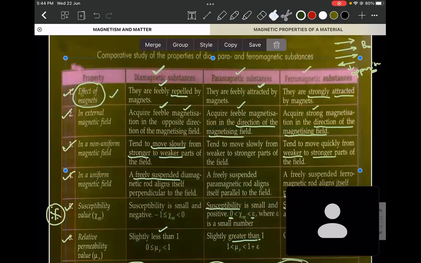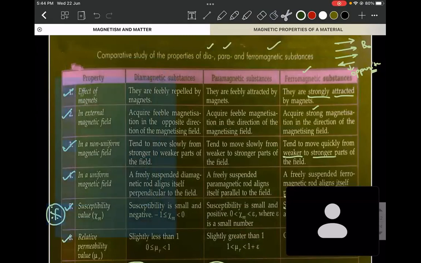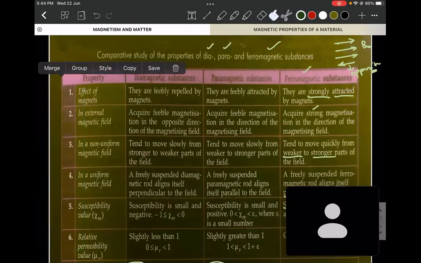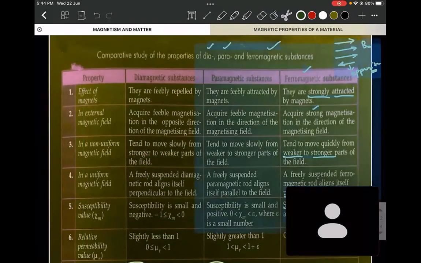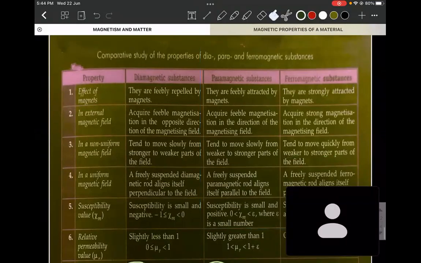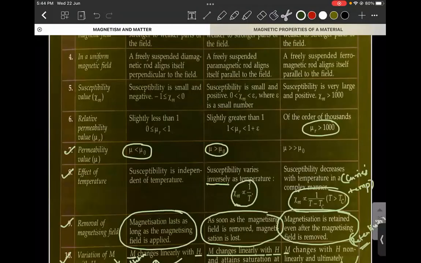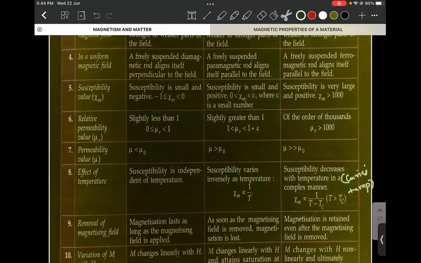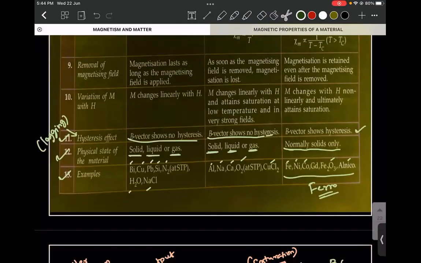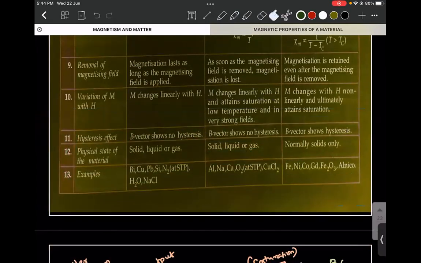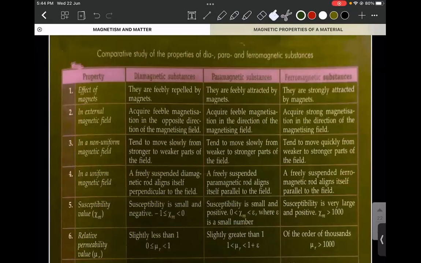You have already seen the experiment. Now you yourself can answer how those materials will respond. Listen.